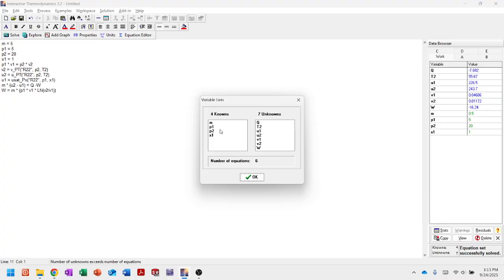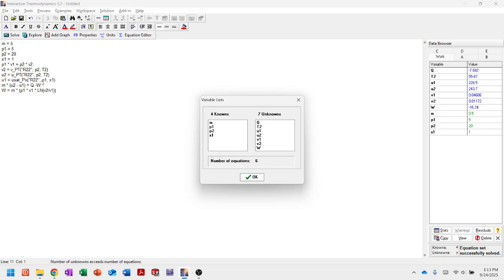So we have M given, P1 given, P2 given. Oh, I do have P2. What else am I missing? So I should be able to solve this for T2. So I solve this for V2. Great. That gets me T2.